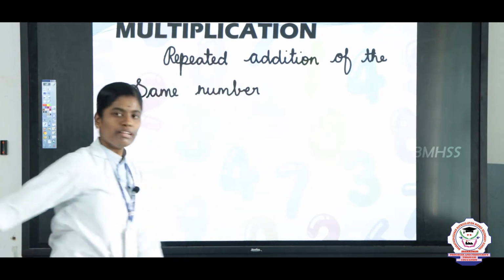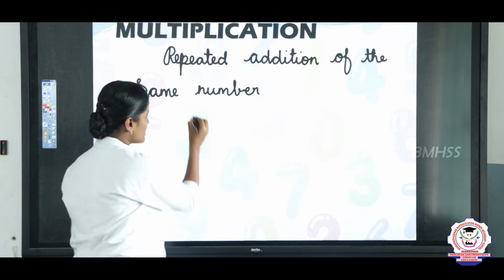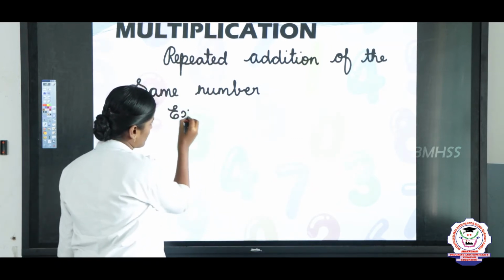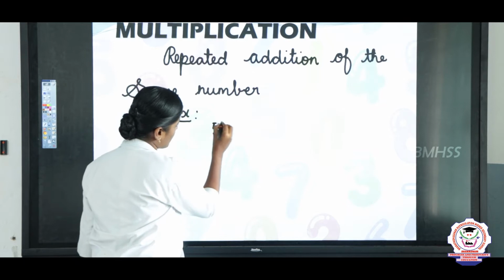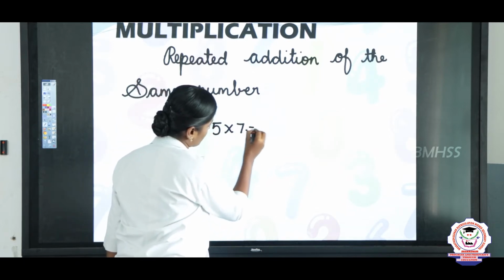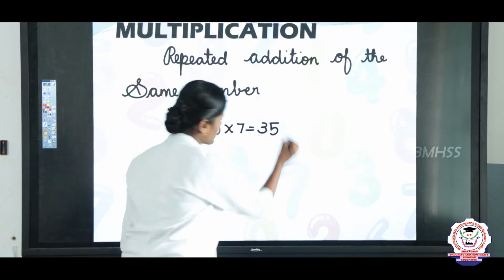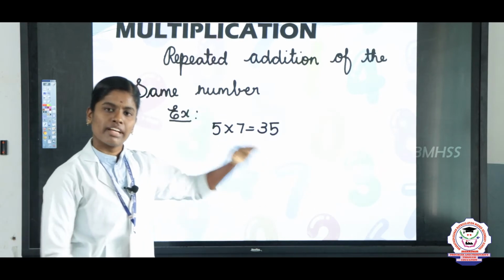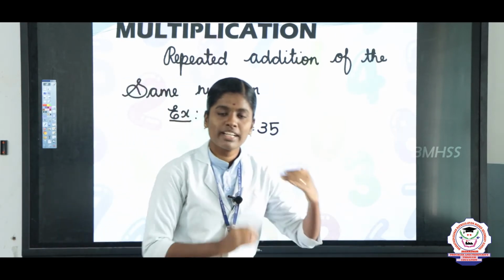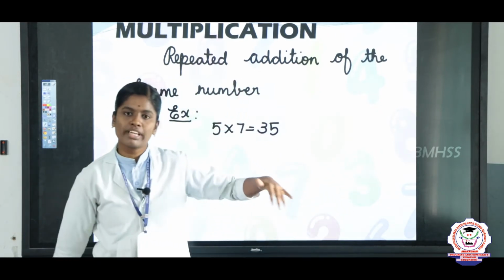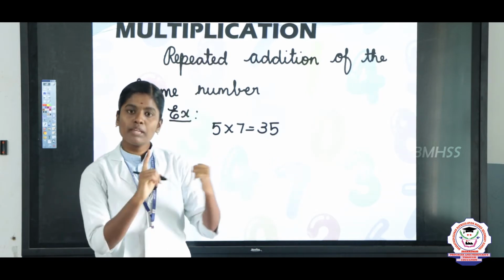For example, 5 sevens are 35. Here 5 sevens are 35 means 5 times of 7 or 7 times of 5. Listen children, 5 is called the multiplicand.